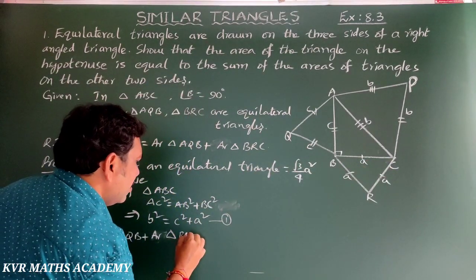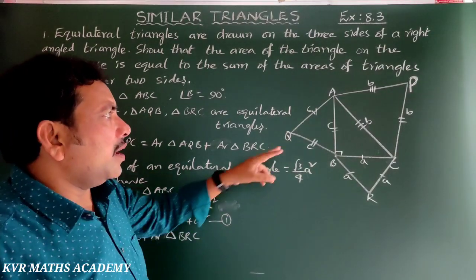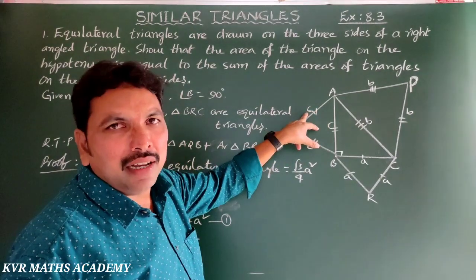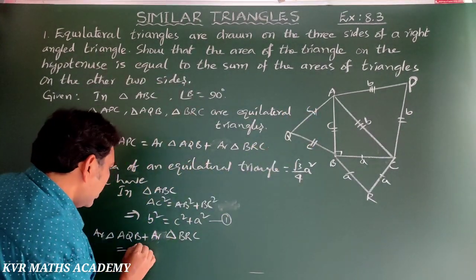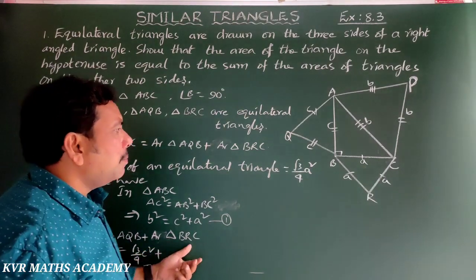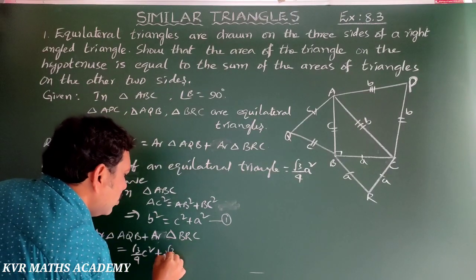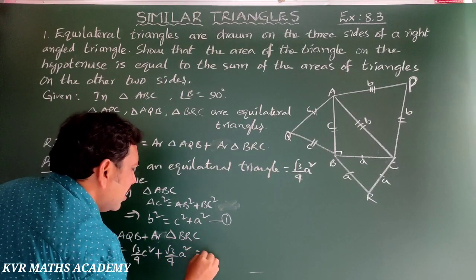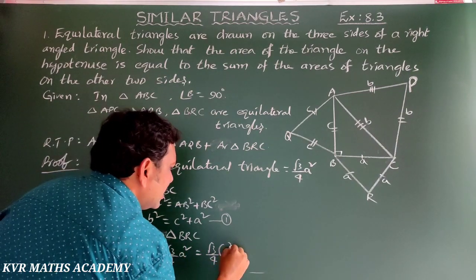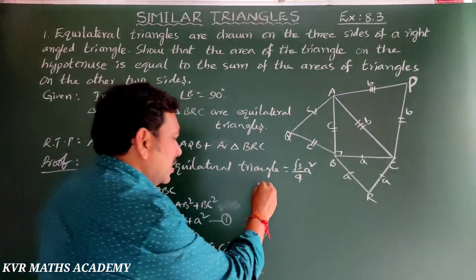Area of triangle AQB means root 3 by 4 a square, here the side is c, so root 3 by 4 c square, plus for BRC the side is a, so root 3 by 4 a square. Taking root 3 by 4 as common, that is c square plus a square.